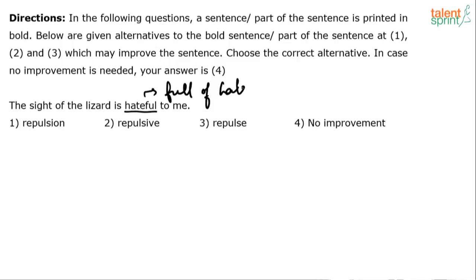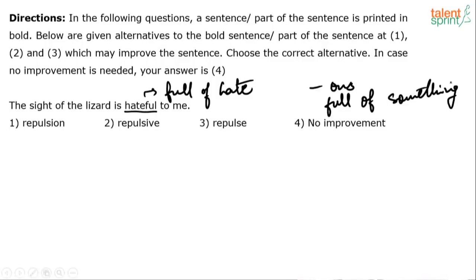So full of hate. And there is another suffix, ous. This also means full of something. So if I say delicious, it means full of delicacy. If I say malicious, it means full of malice. Okay, so the sight of lizard is hateful to me.